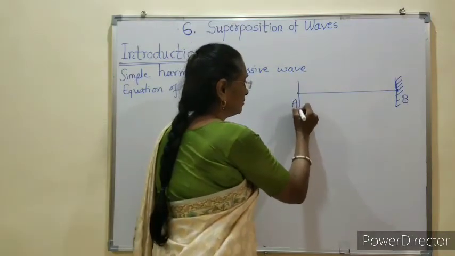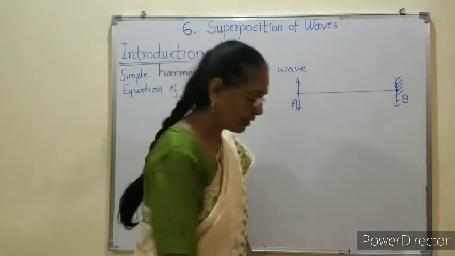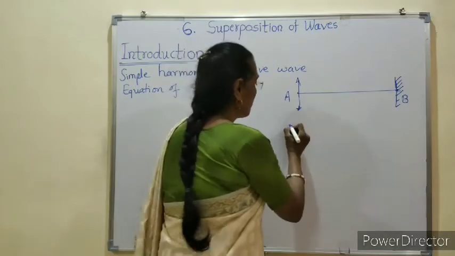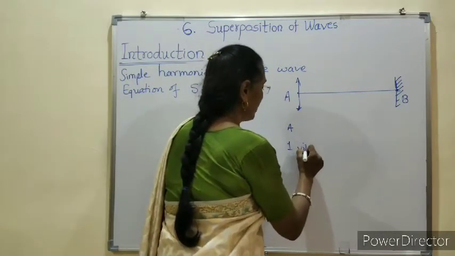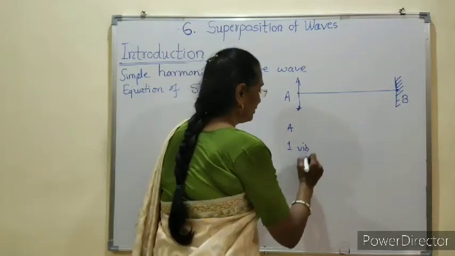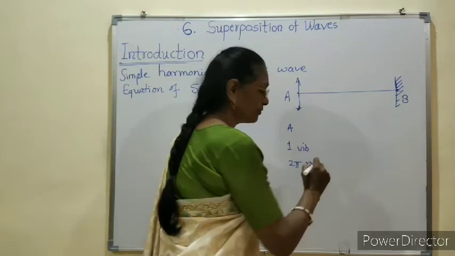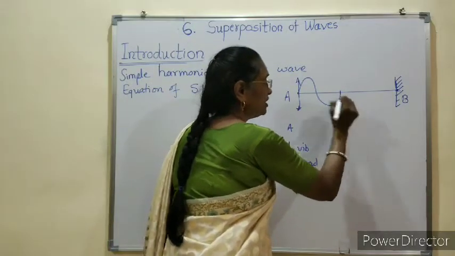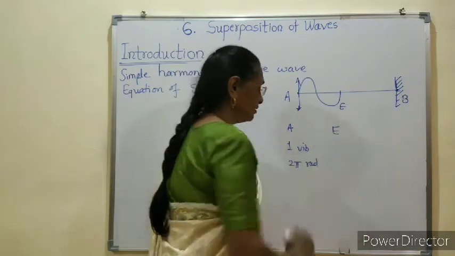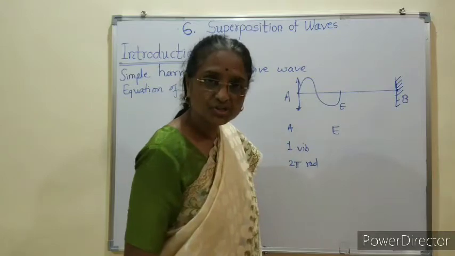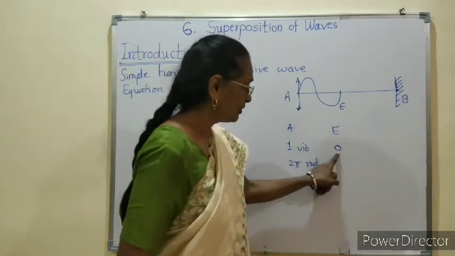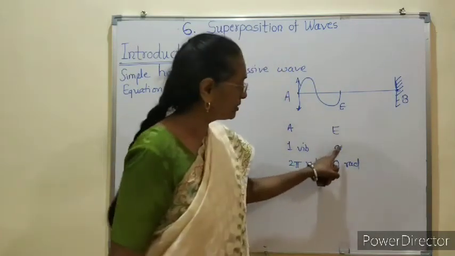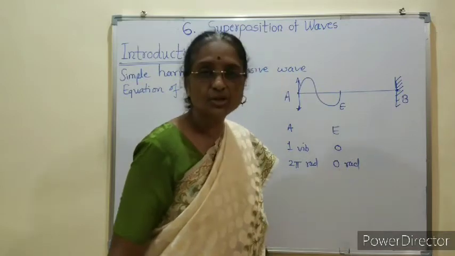Here, when end A completes one vibration, it completes the phase of twice pi radian, and the disturbance reaches the point, say E. Then for the point E, the disturbance is just reaching, there is no vibration, the number of vibrations has not started there, the phase is 0 radian.